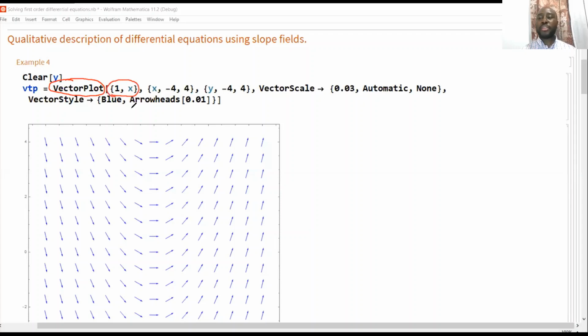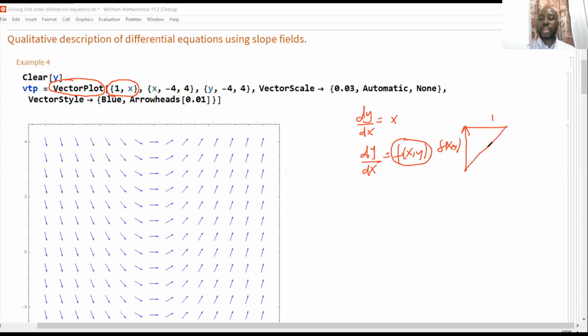In our specific problem, the vector we wanted to plot was {1, x}, because my differential equation was dy/dx = x. Well, if my differential equation happens to be dy/dx = f(x, y), what vector do you think I'll be plotting? Again, if I want my slope to be f(x, y), then I have to rise by f(x, y) and run by 1.